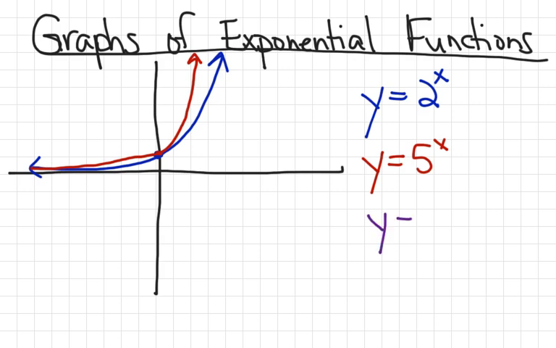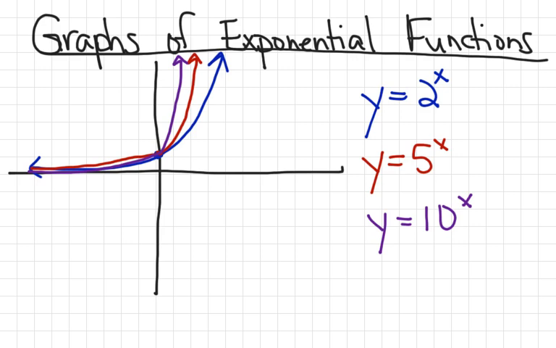And the graph of y equals 10 to the x, if you put that into your calculator, will look like this. What I want you to know is the bigger the base, the faster the graph grows.